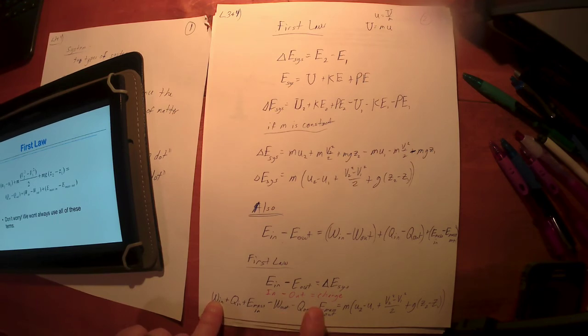If I know it's losing heat, then I'm probably not gaining heat, or I'm not worried about the heat it's gaining if I'm trying to find the heat out. So a common Chapter 4 problem would be, if I've got work in and heat out, what is the change in internal energy, assuming that these are zero? So a Chapter 4 problem might be work in minus Q out is equal to m delta U, and that's it. And then we'll just have tools to find the other unknowns.